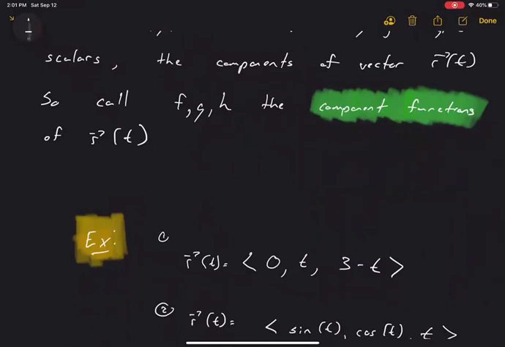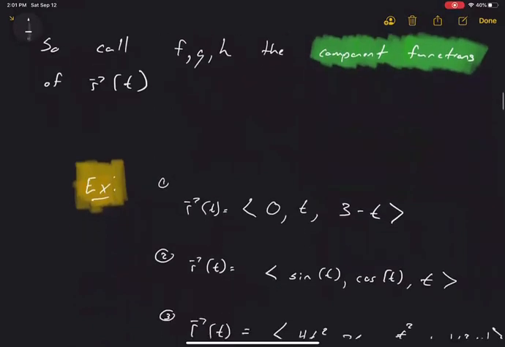Okay, so let's see some quick examples of these vector valued functions. So maybe r of t is defined like this, where on the right side I have this vector, and what are the components of the vector? Well, the first component is always 0 for this example, the second component is t, and then the third component is 3 minus t.